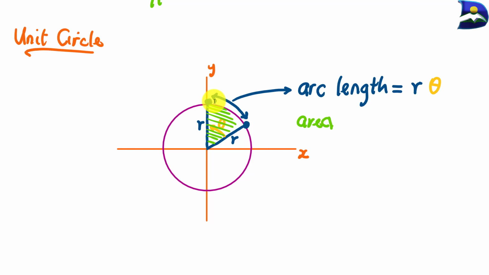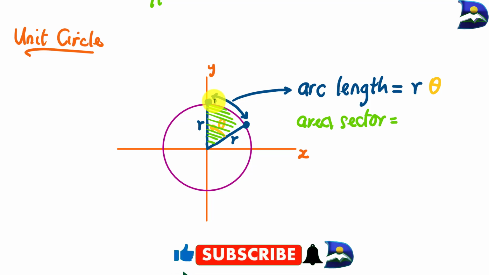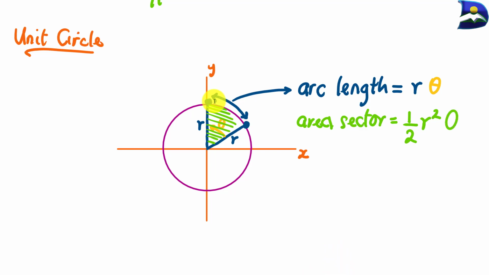And the area of the sector is expressed as half multiplied by r radius squared multiplied by theta, which is expressed in radians. And so these are the two things to keep in mind when it comes to the sector of a circle: one is the arc length and the other is the area of the sector.